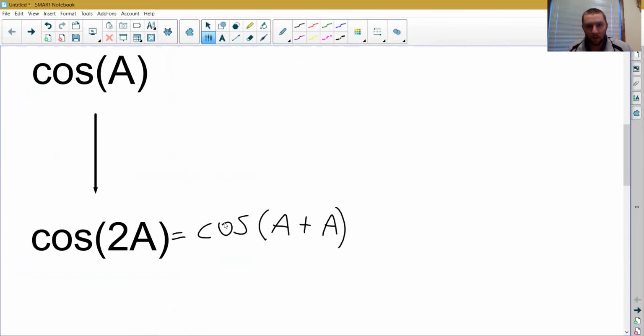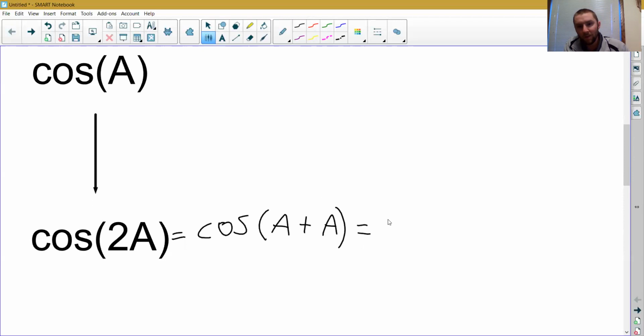Sorry, I misspoke there. I have 2 angles being added together, so it's the angle sum formula, not the double angle formula.